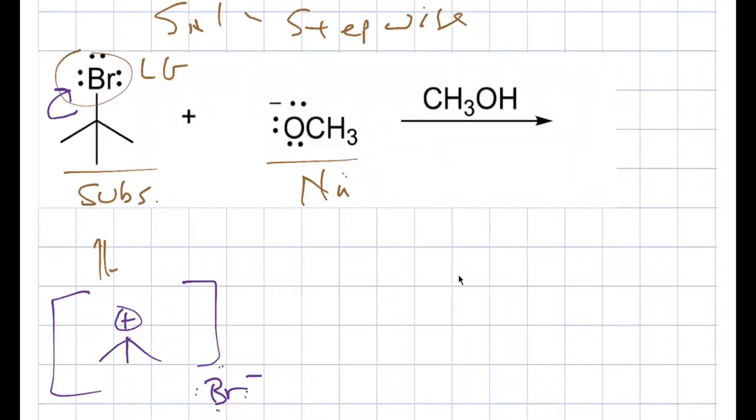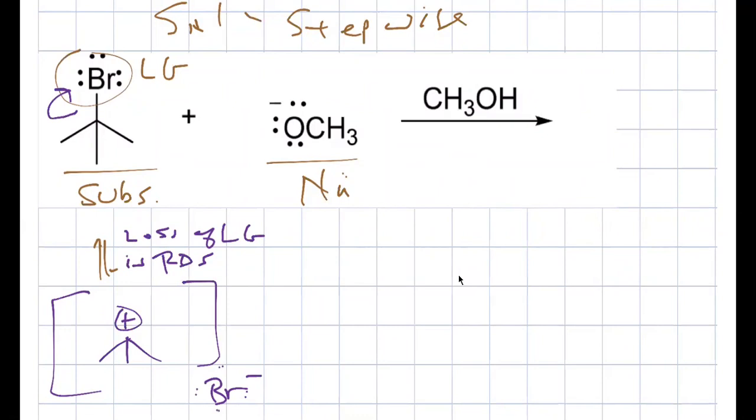This is the rate determining step for this reaction. That's the step that's going to determine how fast or how slow the reaction goes. The rate determining step is always your slow step in a mechanism. So you get this tertiary carbocation.